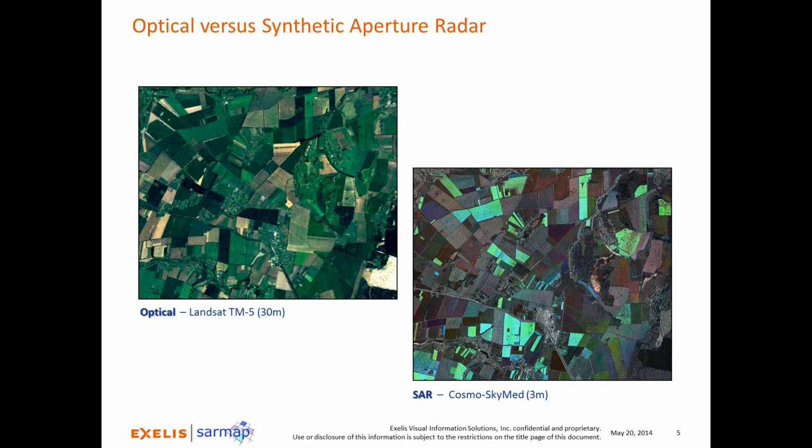But if we switch from the normal, human interpretation of the colors as for an optical image, to the time interpretation of the colors of the SAR data, we see the amount of information contained in the SAR images is very, very big.